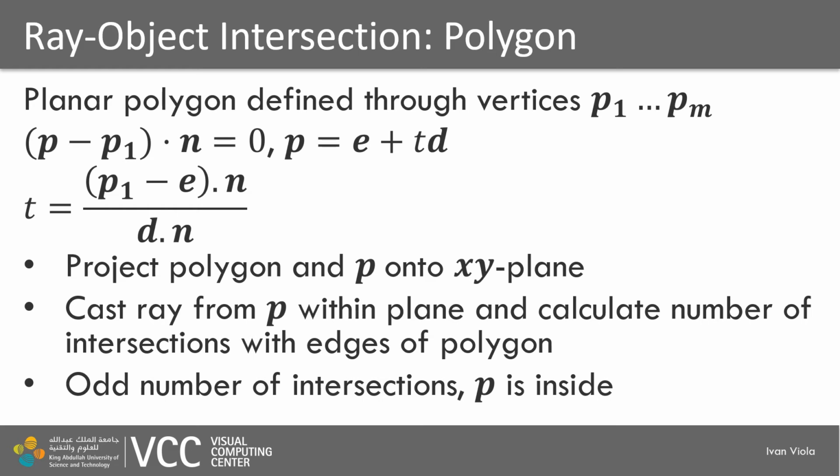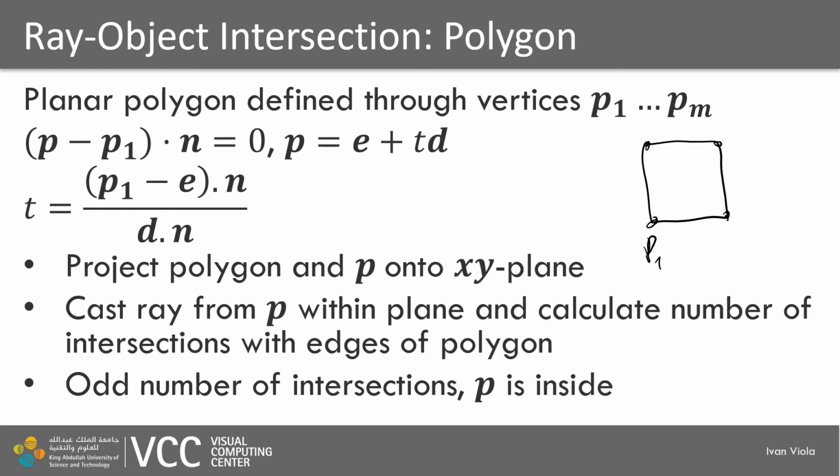Imagine we have a planar polygon, meaning that even if the polygon has more edges or more vertices than just a triangle, 3, 4, or more, but it's planar, we can simply calculate whether a point belongs to the plane. Let's say our polygon is defined by points P1 to P4.